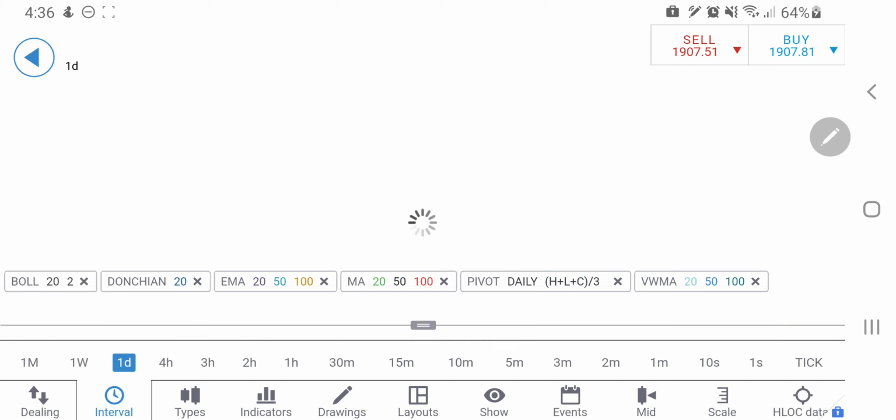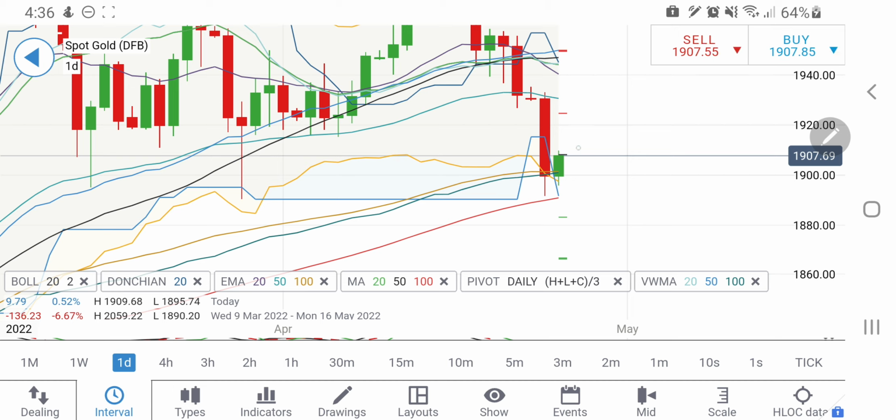Coming back to the daily charts, which are more important for now, look at the daily charts. The 100 period average is giving it a strong support at 1890. As I have told, 1891 is a level I have always followed, if you recall, while gold was below 1900 levels, and I had told at that time also that 1891 is a strong support. Let me show you why I am saying so.